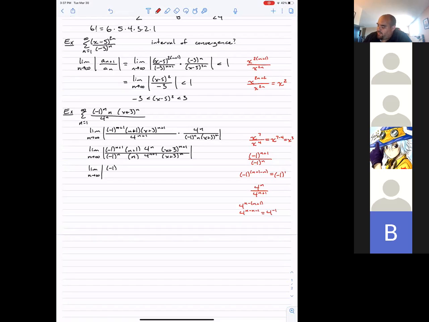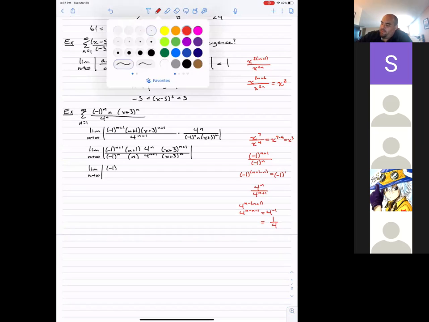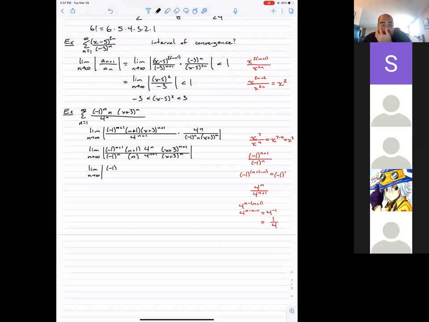And 4 to the -1 is the same as what? 1/4. So that tells me that with 4 to the n over 4 to the n plus 1, you're going to be left with a 1 in the numerator and a 4 in the denominator. Which is a little bit different than the way that Mark usually leads you all through that, but never hurts to have another way to look at it.